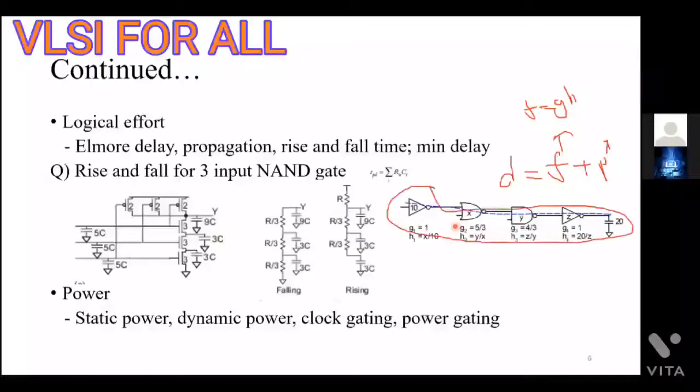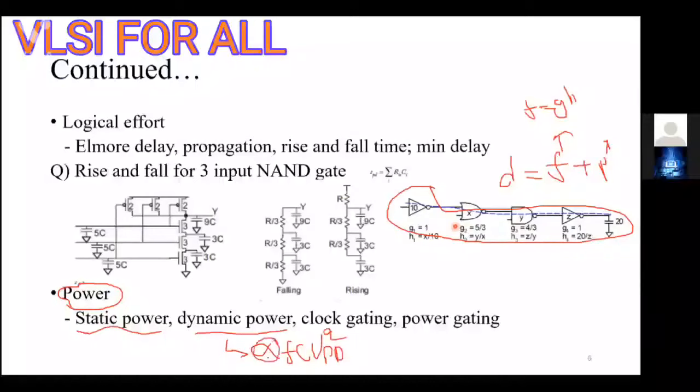Okay. And there is another concept called power, and you can expect questions from this, and most of them are theoretical. It is not like the numerical part. Most of them in power will be on the static power and dynamic power concepts, and there is one formula for dynamic power, given by alpha C F VDD square, where alpha is the activity factor.